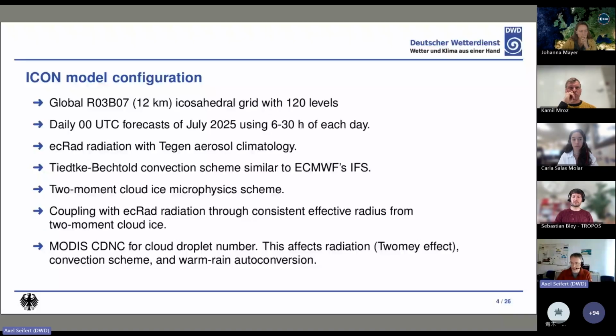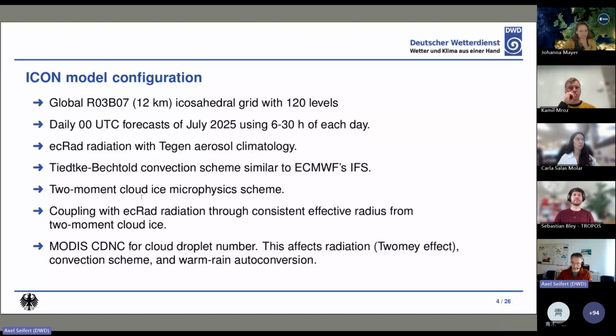And we look at 6 to 30-hour lead times for each day, which then gives us the full month. We use the ecRad radiation scheme as in the ECMWF model, but with an older Tegen aerosol climatology. The convection scheme is also very similar to ECMWF's IFS model.